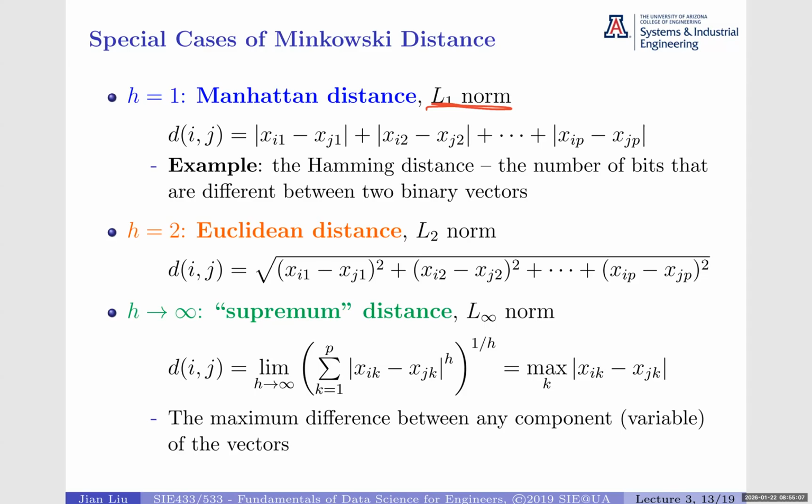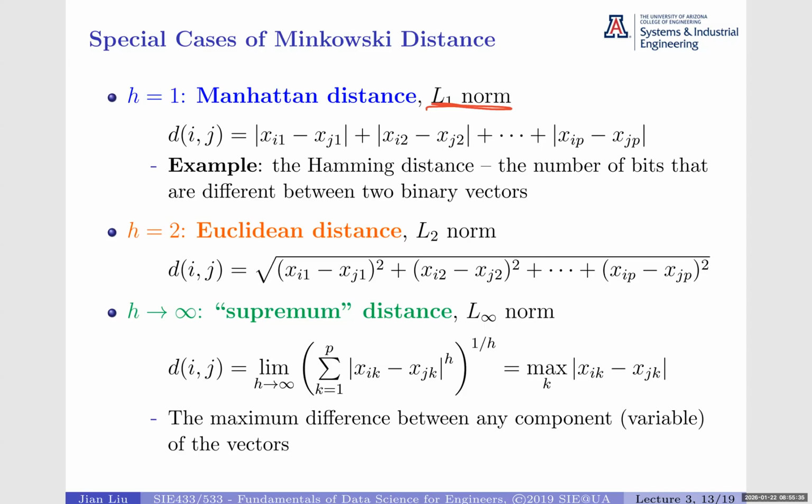Okay. And second, h is equal to 2. I explained just now. It's a Euclidean distance, right? This one. In high dimensional space, we have a p. In two-dimensional space, we can explain, plot it on the paper, right? And when h is equal to infinity, it's a supremum distance, or we call it L infinity norm.